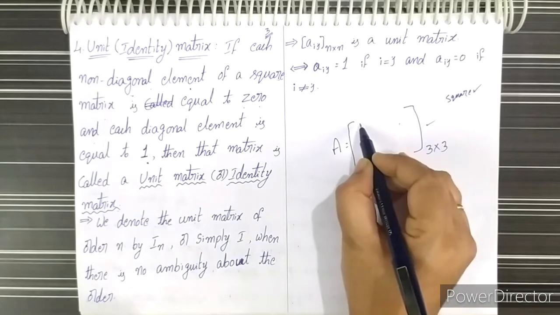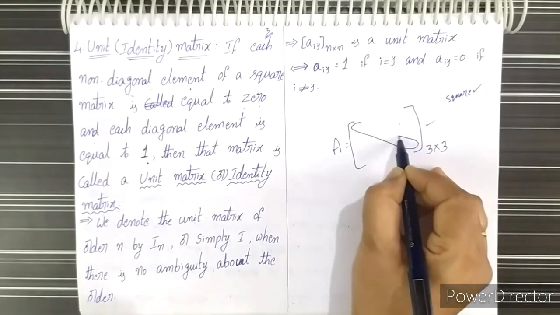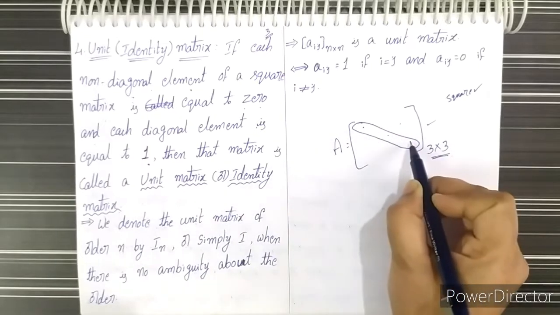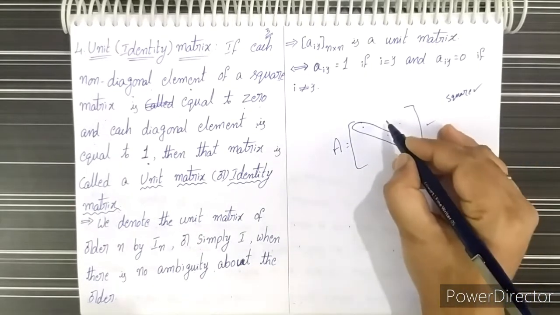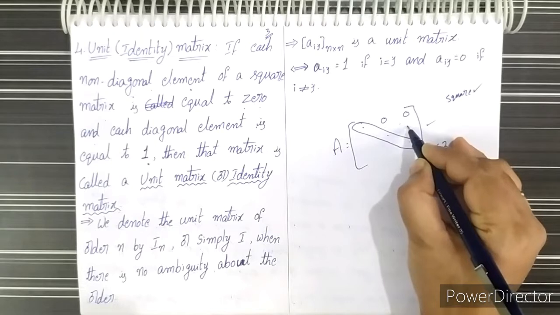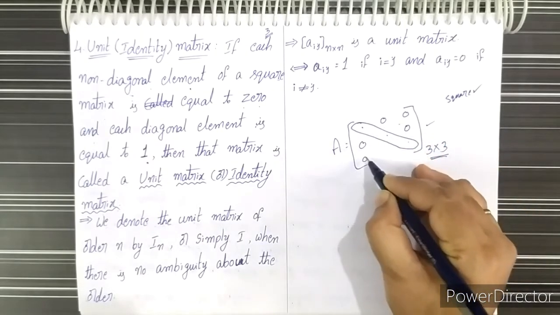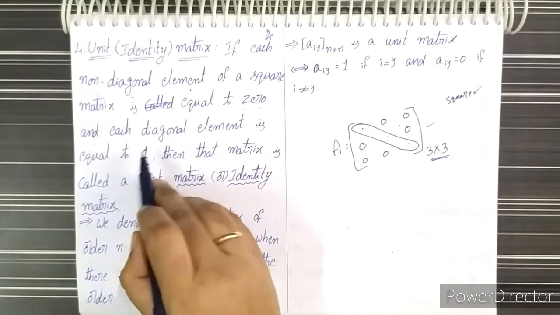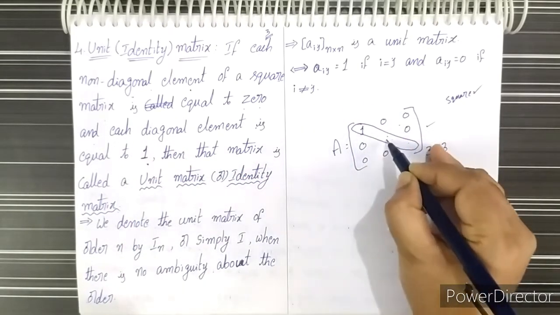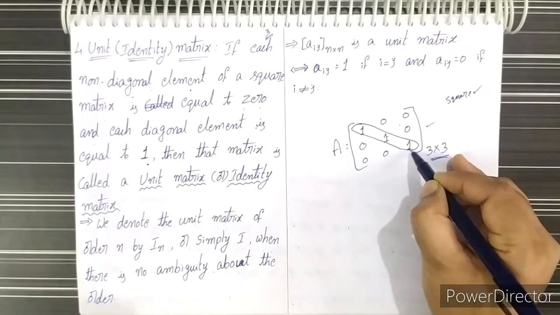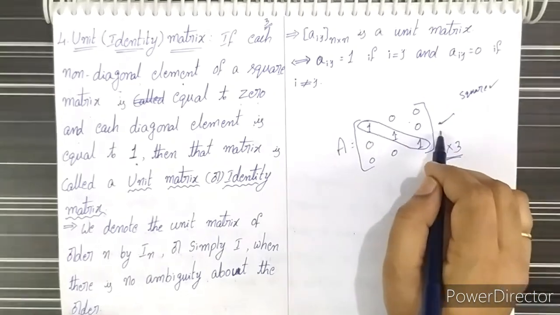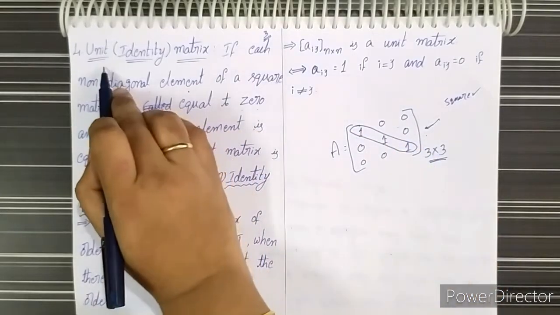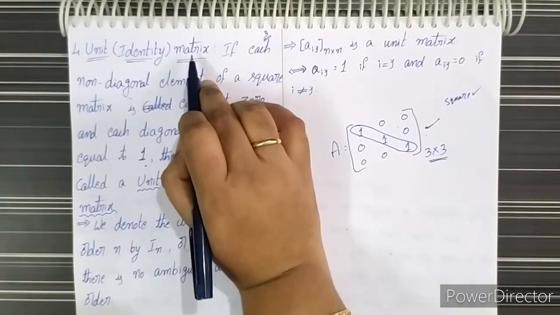These are the diagonal elements. Here in a 3 by 3 matrix, we have 3 diagonal elements. The other non-diagonal elements are equal to 0, and the diagonal elements are equal to 1, then this matrix A is called a unit matrix or identity matrix.